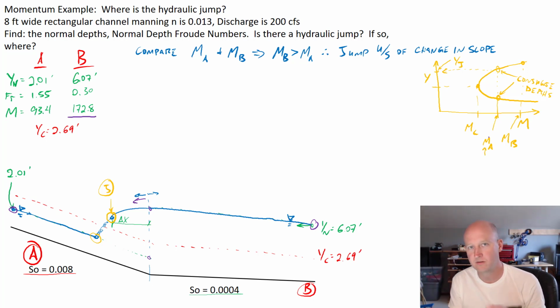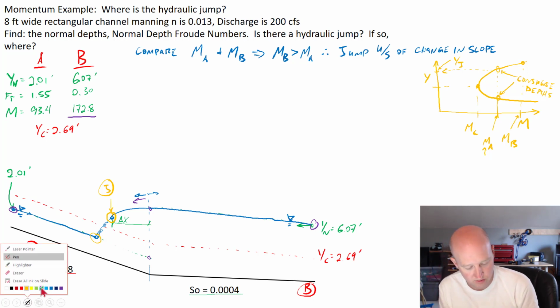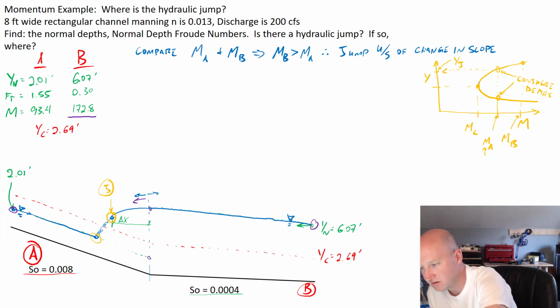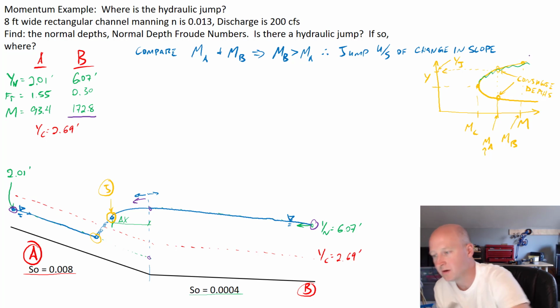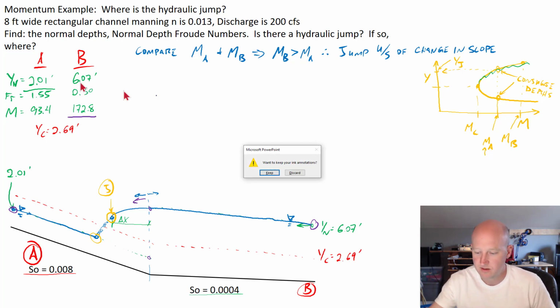So we want to make sure that our first guess is along the subcritical portion of this chart. So we need to have a guess that's up here somewhere, and it will converge on the answer that we're looking for. If we guessed a supercritical depth, it would converge on this normal depth answer for A. So let's check that out.